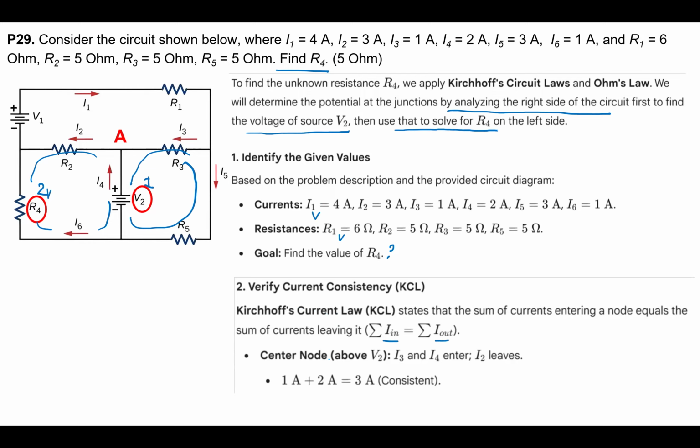So at the center node above V2, this is A. And we note that once again, I3 and I4 are incoming. I3 is 1 ampere, I4 is 2 ampere. And then I2 is 3 ampere. Okay, so it is consistent. So we check that the current rule is satisfied.